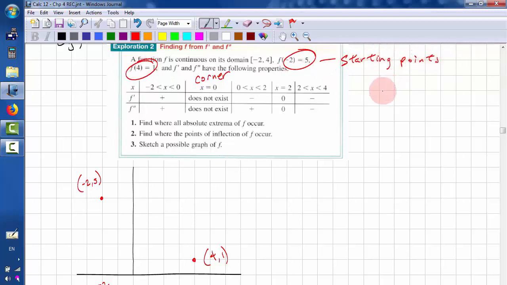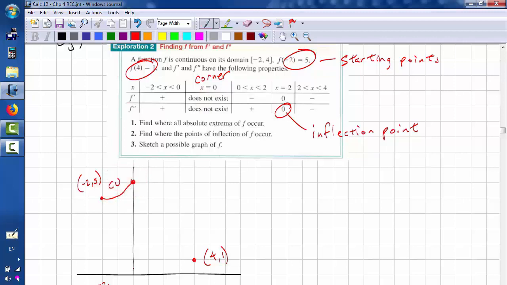So just plot them. This tells us we have an inflection point. Okay, we're not told where the point is at 0, so we can just put it anywhere, as long as it's concave up and increasing, we can put it there.